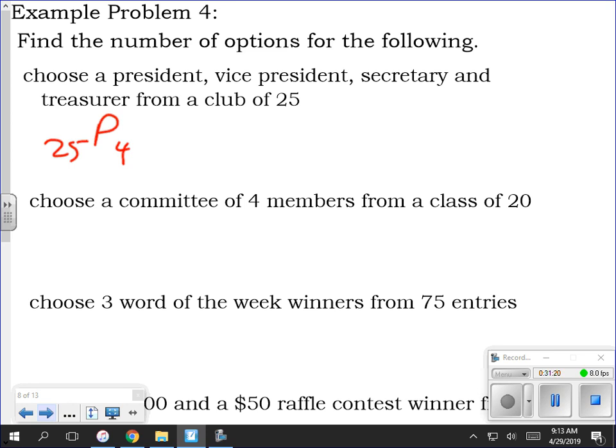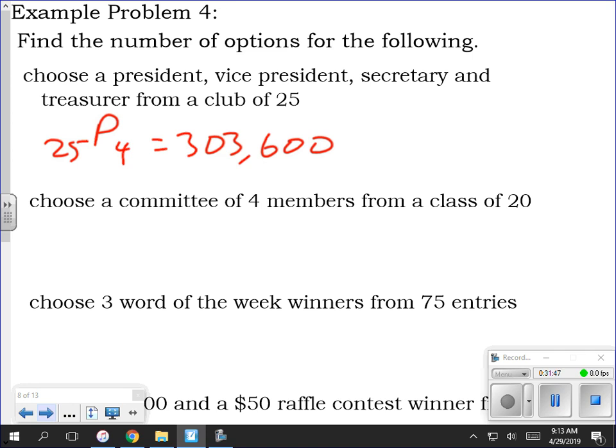How many ways can I do that? 25 P4. 303,600 different ways I can do that. A lot of possibilities. It's not, oh, there's only about a dozen ways. No, there's a lot of ways to have that happen.